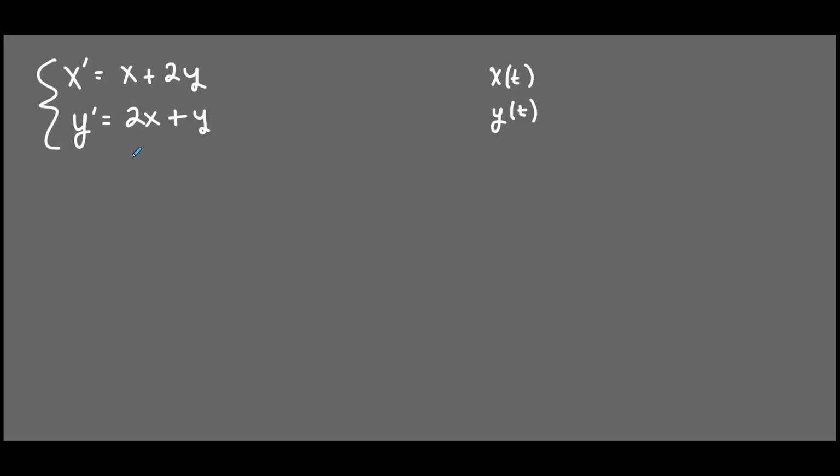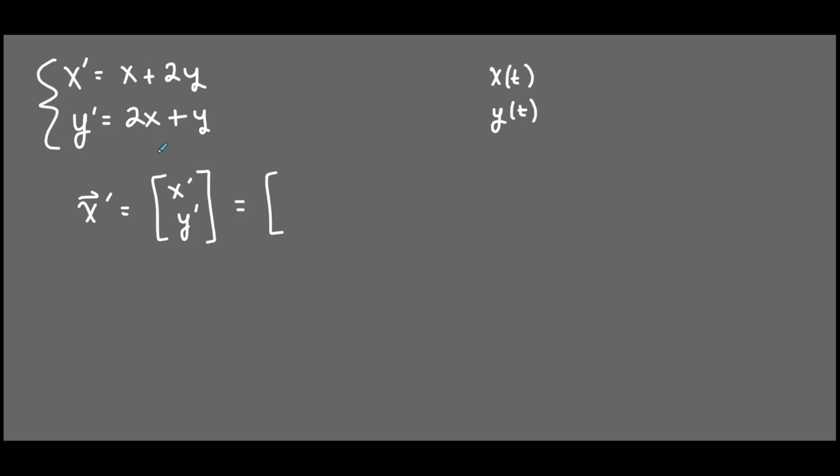All right, so we want to convert this into a matrix system. So we're going to convert this to a matrix equation, and we'll have a vector. We'll call it vector x prime, and that's going to be x prime, y prime, and that's going to be equal to, we're just going to use our linear algebra method here.